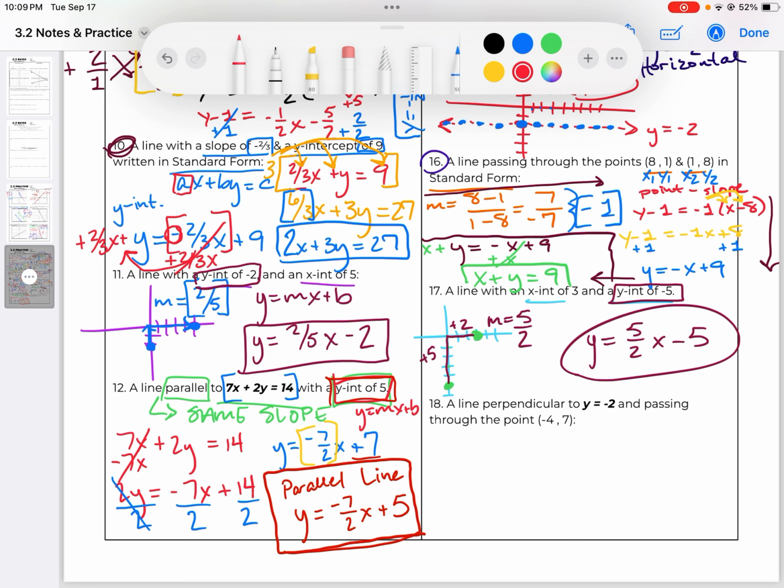Last question. A line perpendicular to y equals -2 and it passes through -4, 7. Now, a couple things here.